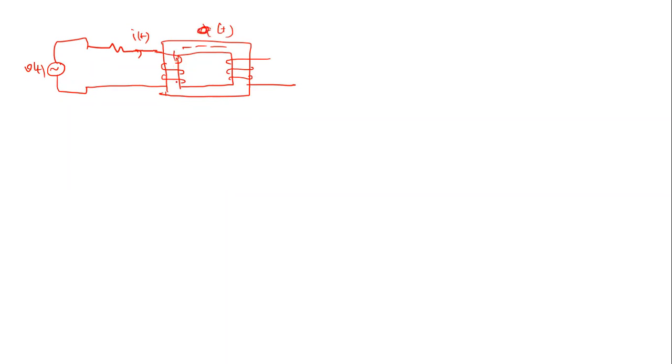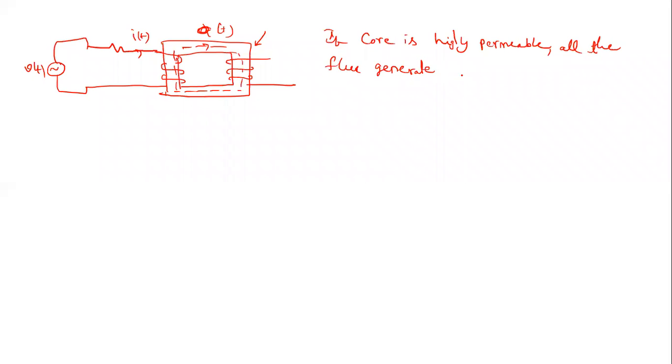If the core is highly permeable, meaning its permeability is high, all the flux generated is confined to the core.